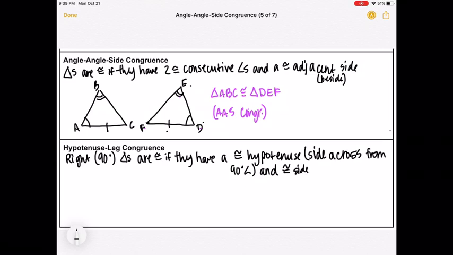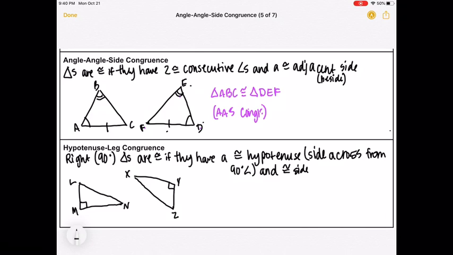Okay, so let's draw this here. X, Y, Z. Not a very good right angle, but okay.